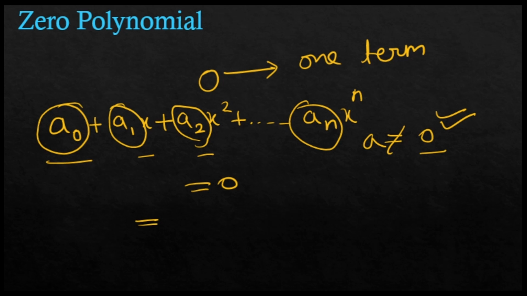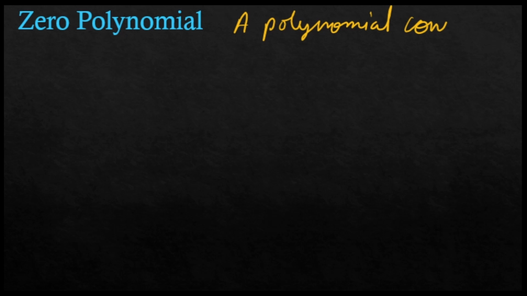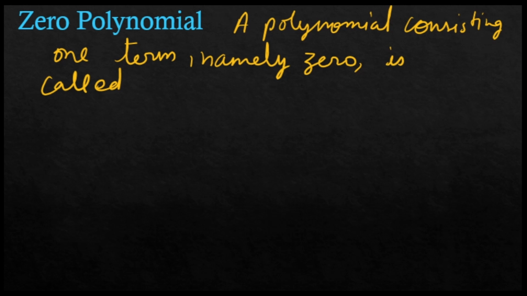There will be no polynomial expression, leaving behind only 0. Put 0 here yourself and you will see what you are left with. This will be equal to 0, and 0 is one term. Hence the definition: a polynomial consisting of one term, namely 0, is called the zero polynomial.